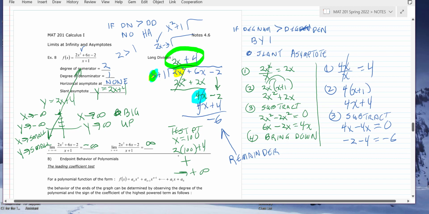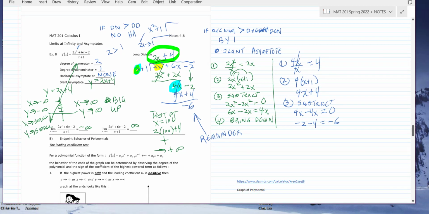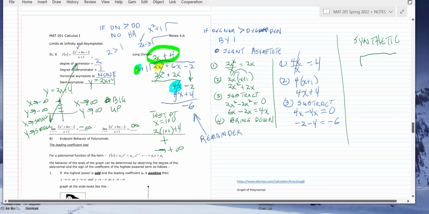All right, so we'll do a graph on this, but let me also review synthetic division, because you can also do synthetic division instead of long division. If you go back to your original problem, the numerator has the coefficients 2, 6, and negative 2. The denominator is x plus 1, so you use the opposite sign.